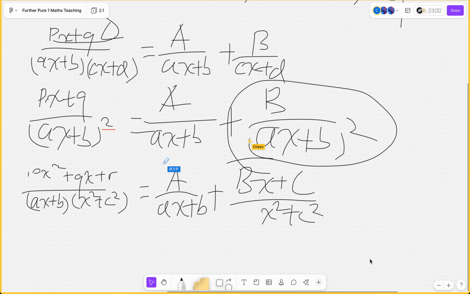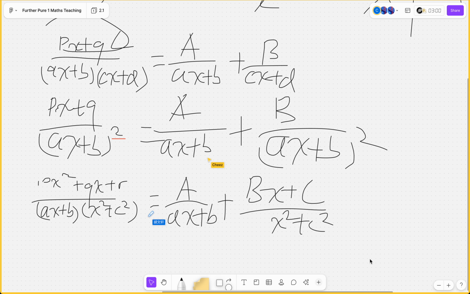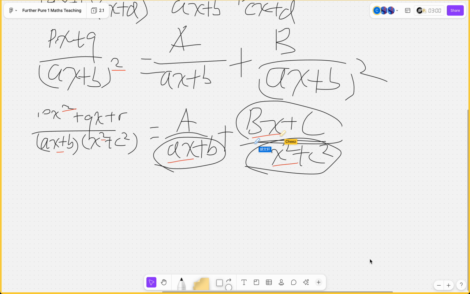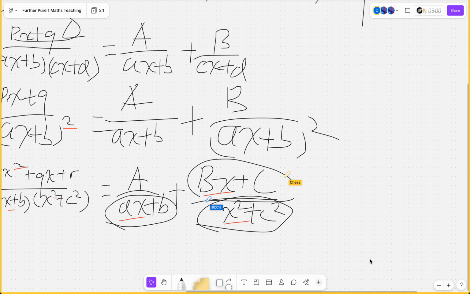And then for the last special one, where you have a cubic as the denominator and a quadratic as the numerator, you will end up with a linear denominator and a constant numerator, plus a quadratic denominator and a linear numerator. And that's basically it. Really easy. You should know these.